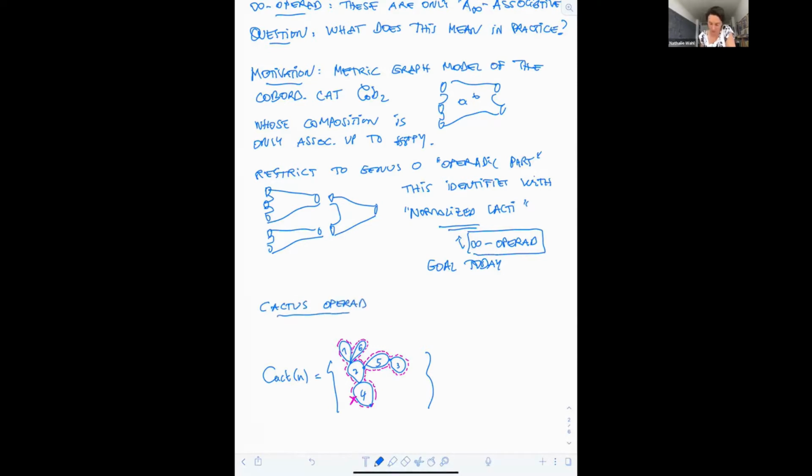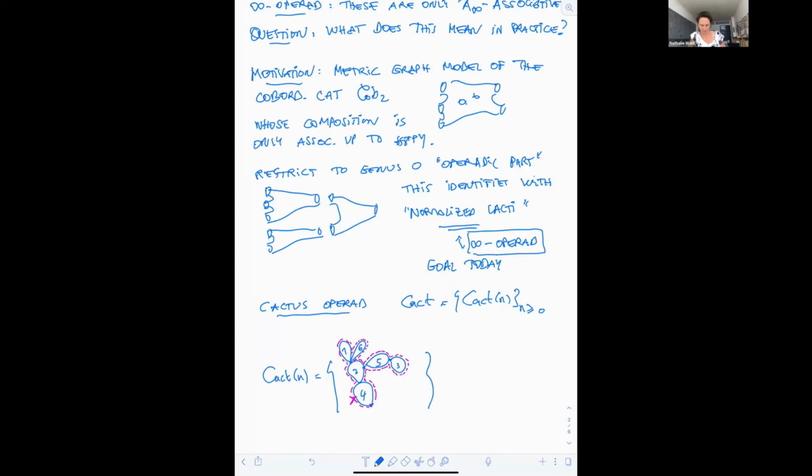So it's a sequence. Cact is a sequence of spaces, and the n-th space is like a tree-like configuration of circles.